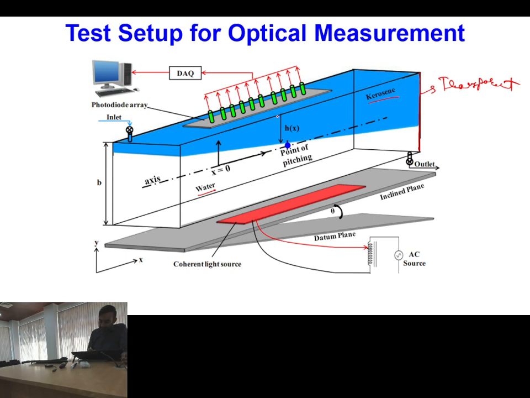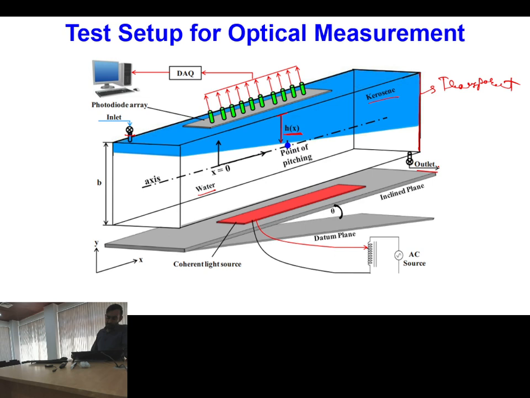You can see from the top how much thickness of kerosene there is, which is depicted as Hx. This is shown at some inclined orientation, so it is a generic case. It can be done for horizontal as well as inclined orientation. And again here you have one inlet and one outlet.